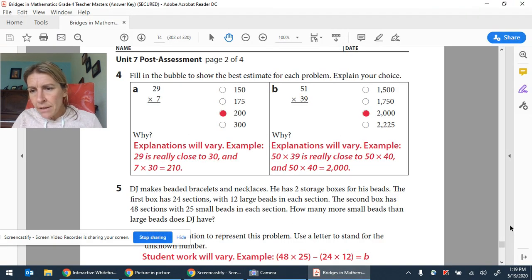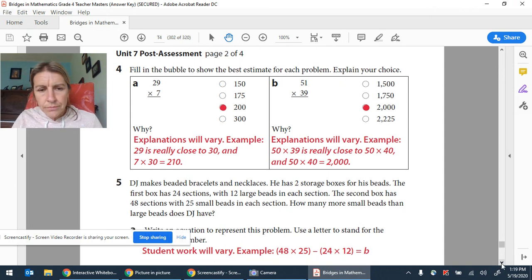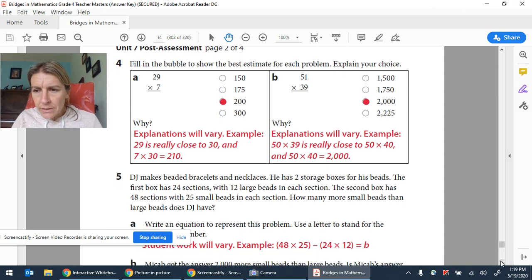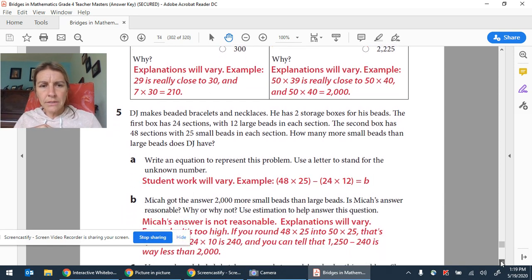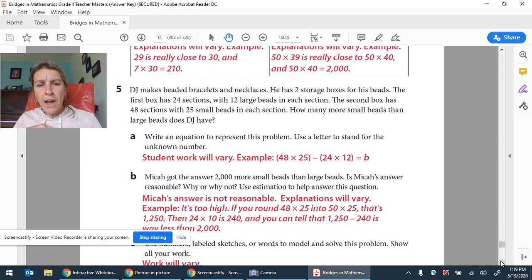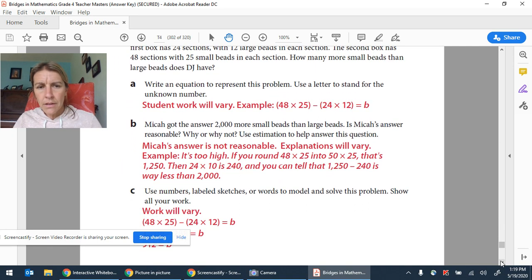All right, welcome back. Now, let's go down and see what Bridges thought the best answers would be. So there's the equation for 5A. 5B, it says Maka's answer is not reasonable. So they wanted you to say, as mathematicians, it is not a reasonable answer.